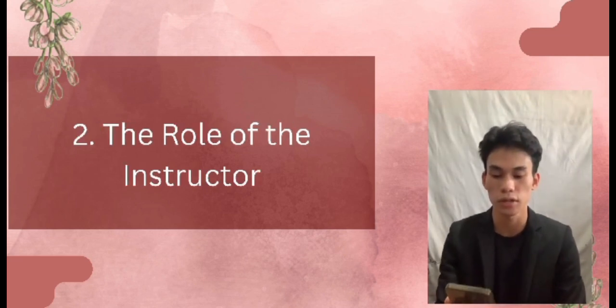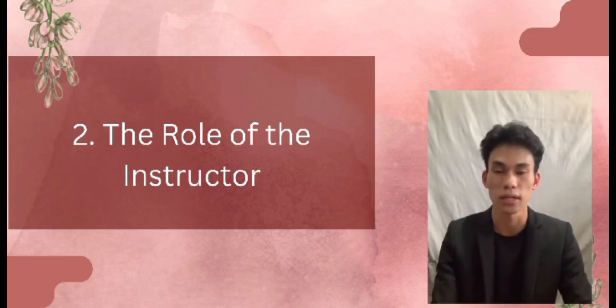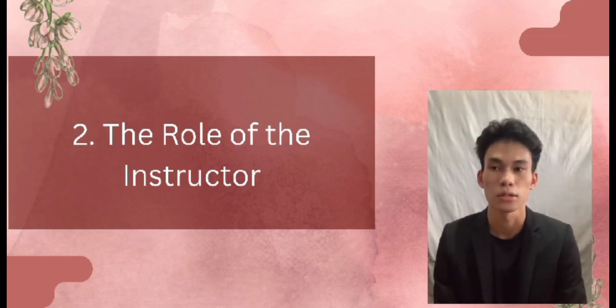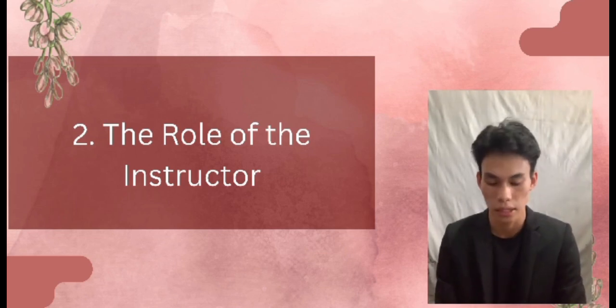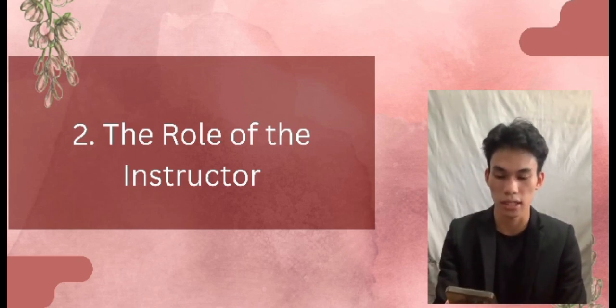Next one is the role of instructor. So the role of instructor is to foster student learning, accommodate different learning styles, so that the students will learn effectively with the different styles that the instructor will be using in these methods. So aligned objectives, teaching methods, and assessment.